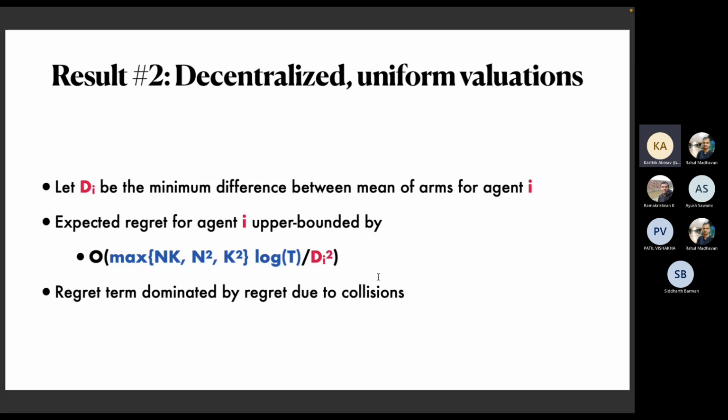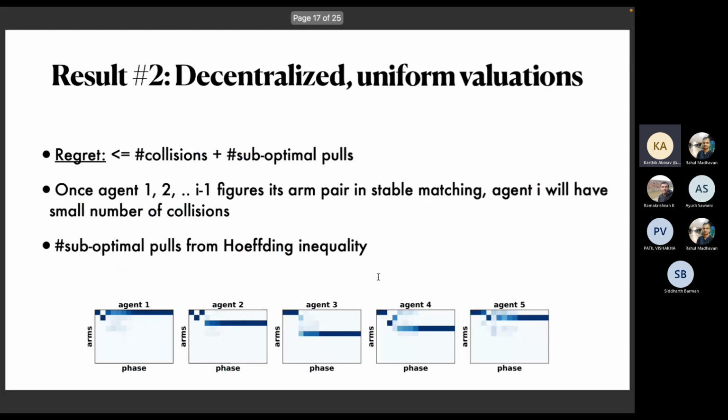Somehow that is the hardest part of the problem. That's when two agents are picking the same arm and you are missing out on things. The algorithm reflects that fact while analyzing the regret as well. But yeah, I think that's the story here. It also has another neat property that I want to mention.